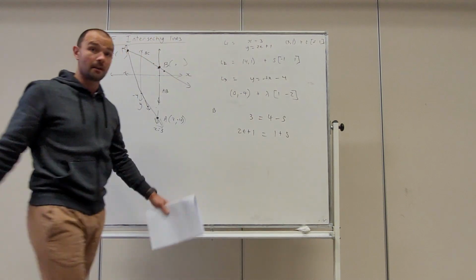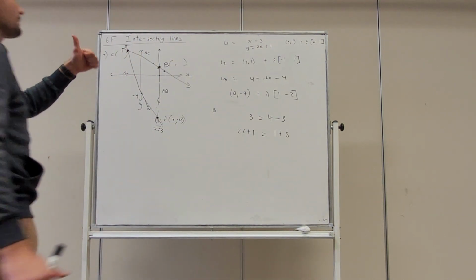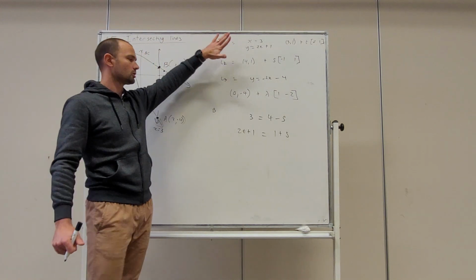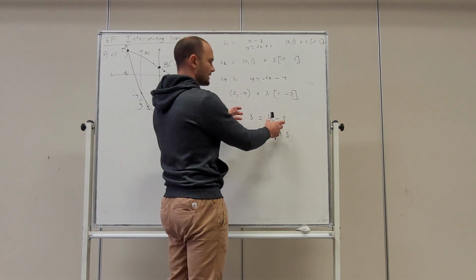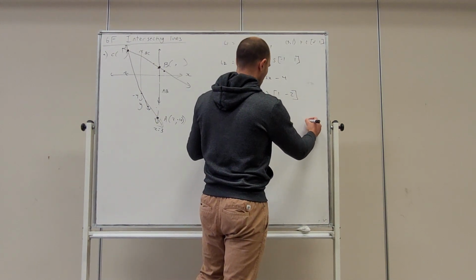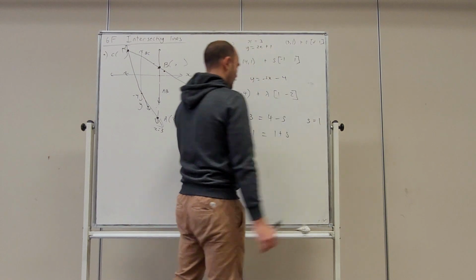Okay, and so this is a set of simultaneous equations that's going to tell us the value of the parameters t and s for which the lines meet. So if we can solve this one for s, if I take away 4 from both sides, I would have minus s equals minus 1, so this gives me s is 1.